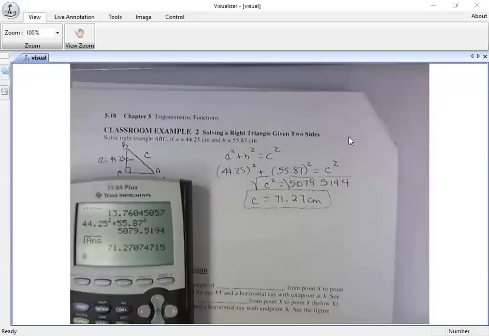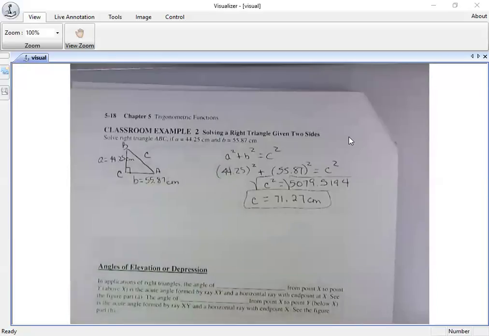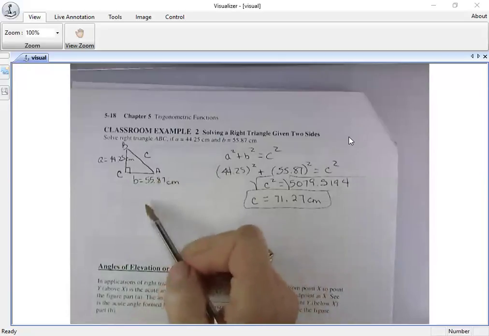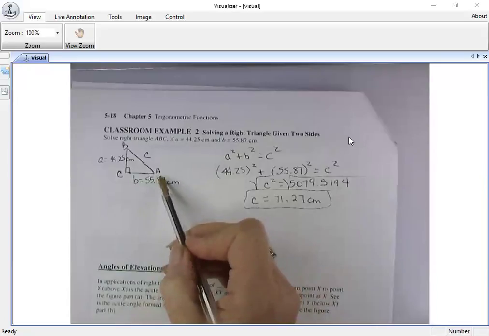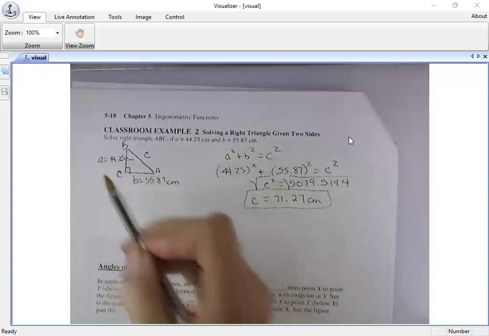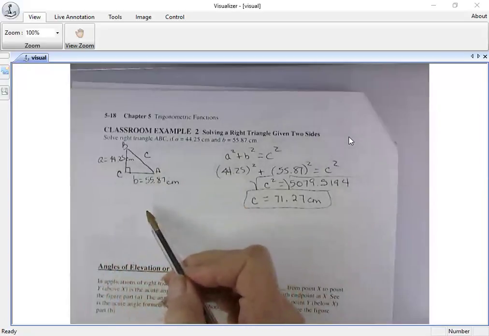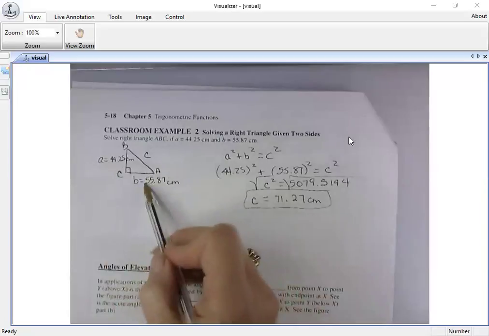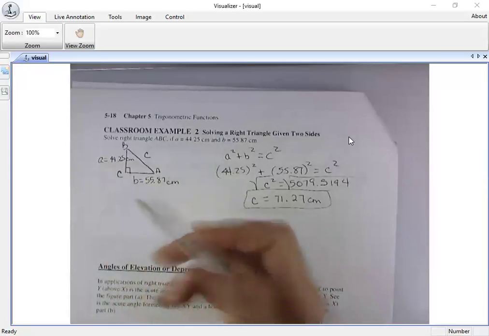We know C is a right angle. So which one do you want to solve for? I don't think it really matters. You want to go for angle A? Because if we go for angle A, we can use what ratio? I know this side and I know this side. That's tangent. Good.